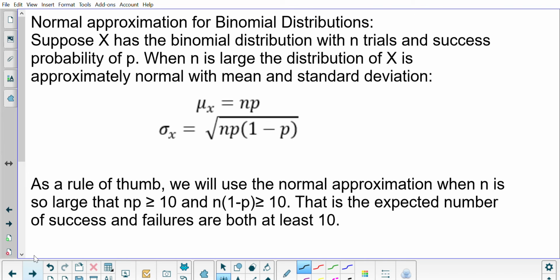We can only use the normal CDF when it satisfies this condition, and we're going to do a problem together on it: n times p is greater than 10 and n times (1 minus p) is greater than 10.